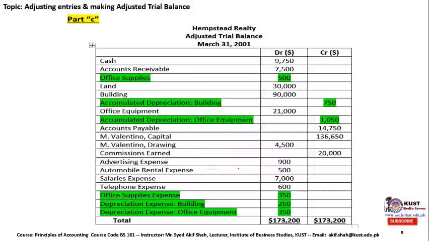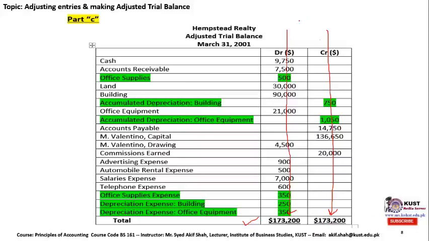After incorporating the adjusting entries and correctly inserting the relevant data from the trial balance into the adjusted trial balance, the final step is to sum up these values in the debit column, which comes up with the total of $173,200, and the right hand side shows that we have to sum up the credit column and it comes up with $173,200.